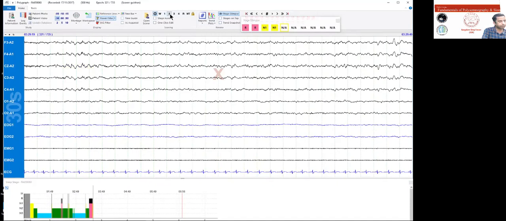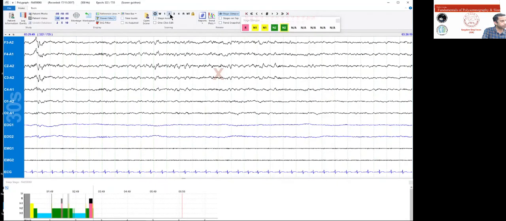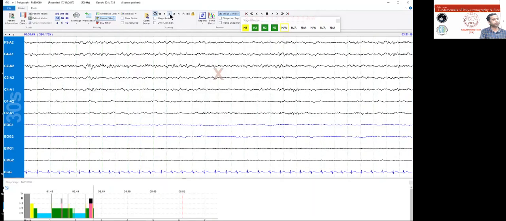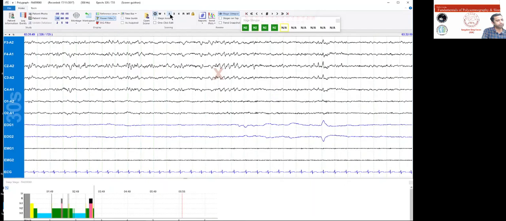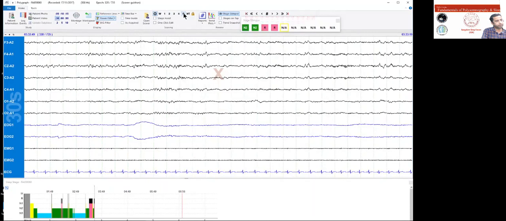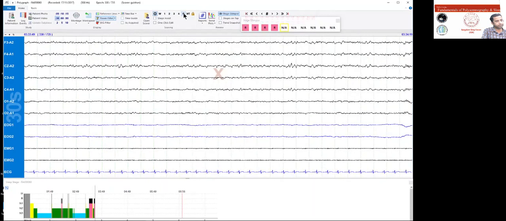Okay. We have to go to N2. So again N2, K complexes are there. So again REM sleep comes into the picture. The requirement is there. Mark this R. The requirement is R.